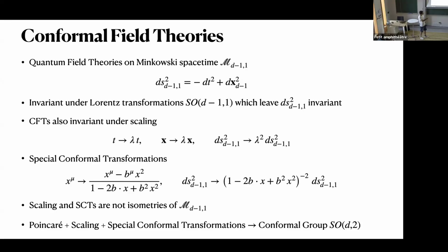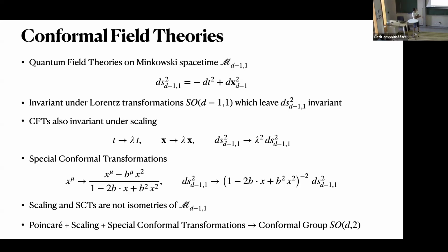These are like rotations. In Euclidean space, I would just write SO(3) if I only had rotations in 3 dimensions. Apart from these rotations, which are the Lorentz transformations, you also have the translations, and translations together with the rotations form the Poincare group. These are all the symmetries that you can ask for in a relativistic theory.